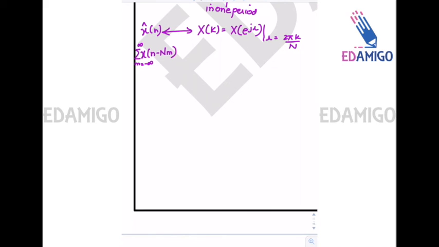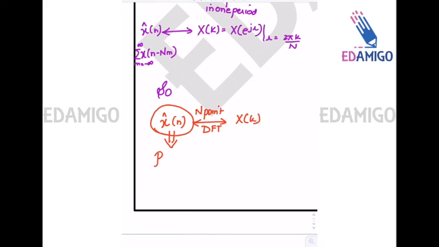Whenever we take the N-point DFT of any signal, then the time domain signal is also periodic with period N, and it is discrete.